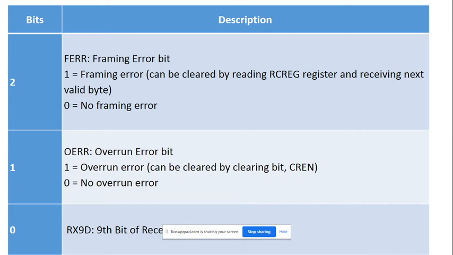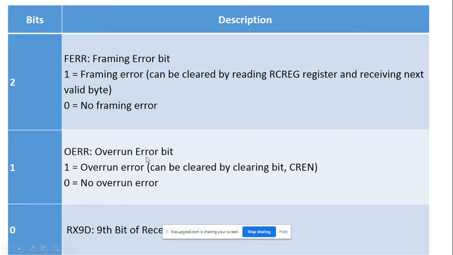Then the transmit buffer register converts that data into a package by adding a start bit and stop bit. Okay, and then the data is converted into a package or frame. During converting data into the package or frame, suppose any error generates, then this particular bit becomes 1. What does it indicate? There is a framing error. And suppose it is 0, there is no framing error, means for converting data into the package there is no error.